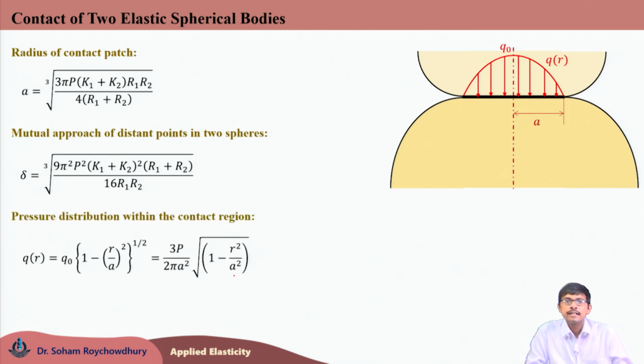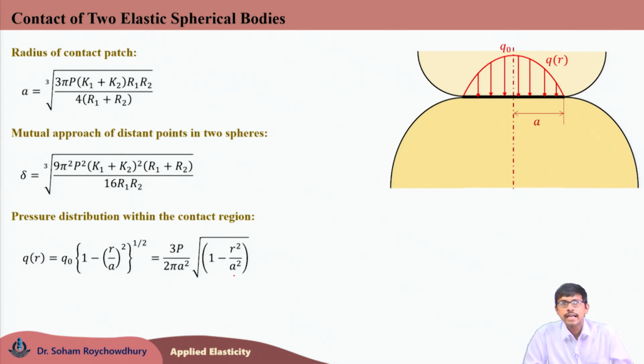And finally, the pressure profile distribution within the contact span q(r), that is the hemispherical pressure distribution, which is q naught times square root of 1 minus r square by a square. Now, we had related q naught with the applied total force P, which is P equals the area integral of q dA.